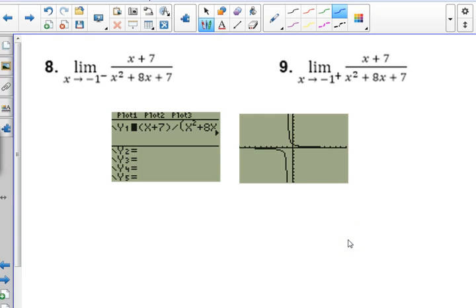Okay, guys, 8 and 9 are the same question. What's the difference? One wants the left hand and right hand. Okay, here's the graph. Here's -1. What's it doing to the left of -1? As you get closer and closer, it's going, does not exist, but approaches negative infinity.